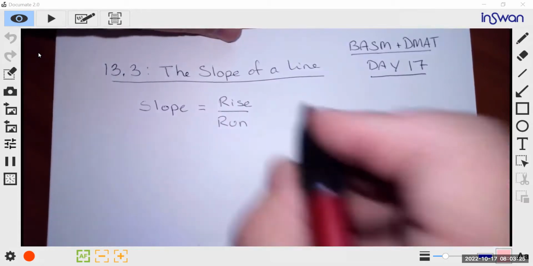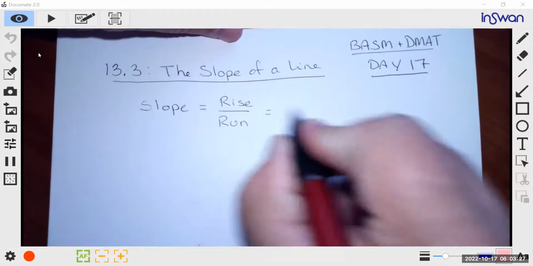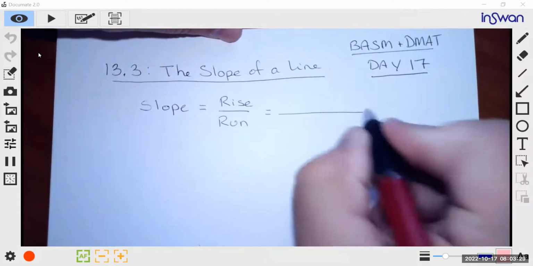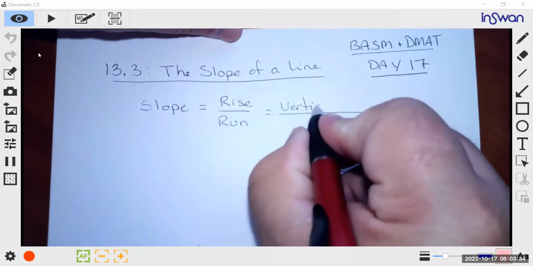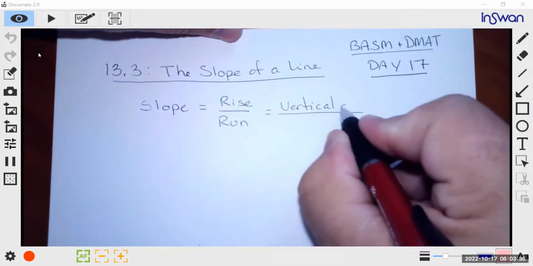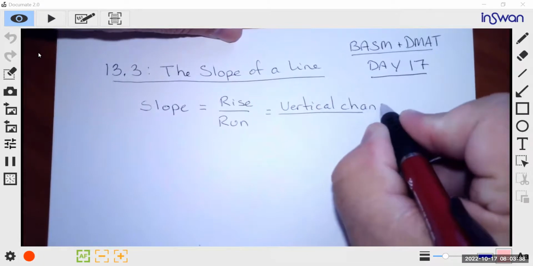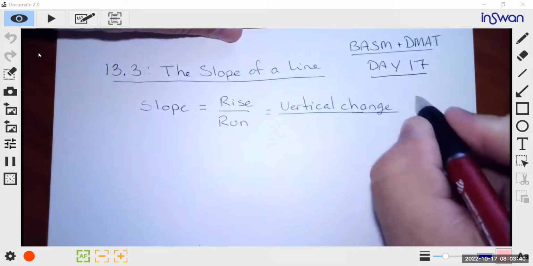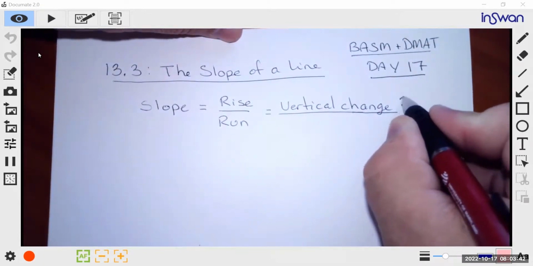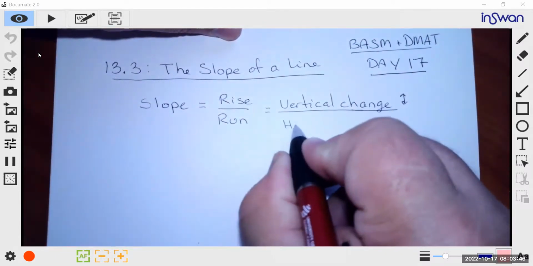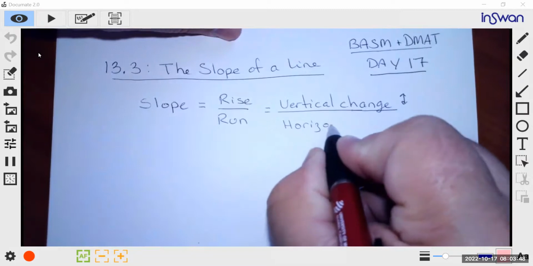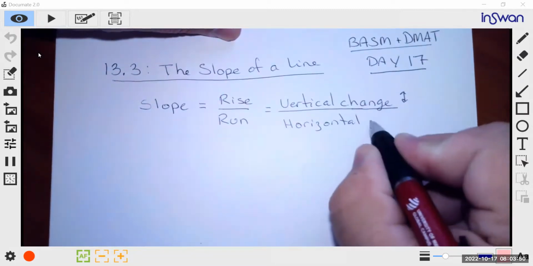What the rise over run means is the vertical change of the line that's going up or down, over the run, which is the horizontal change.